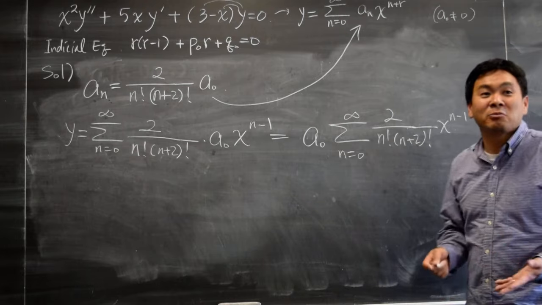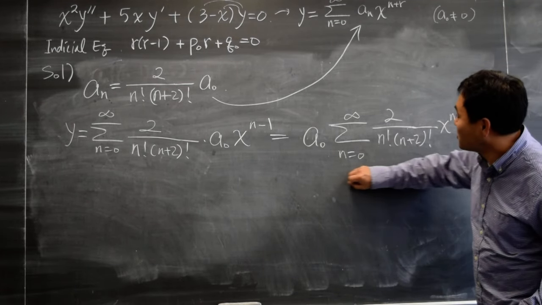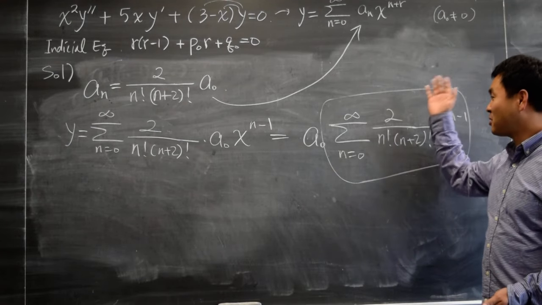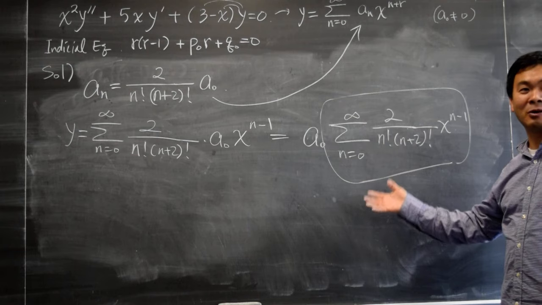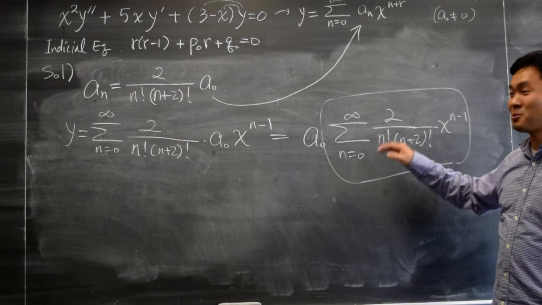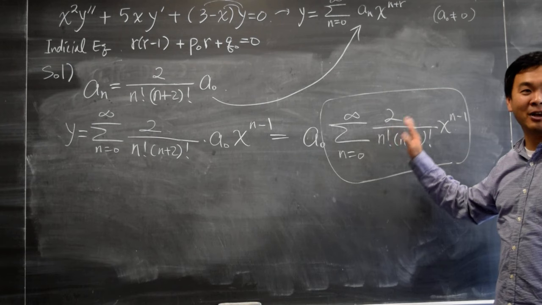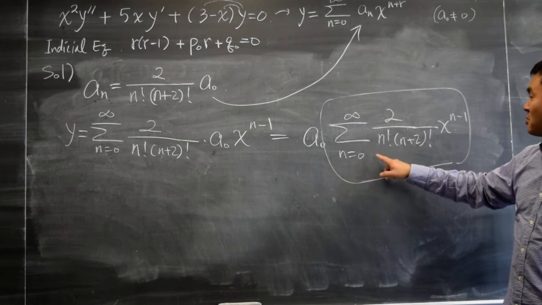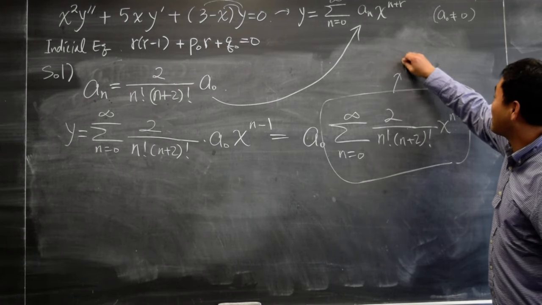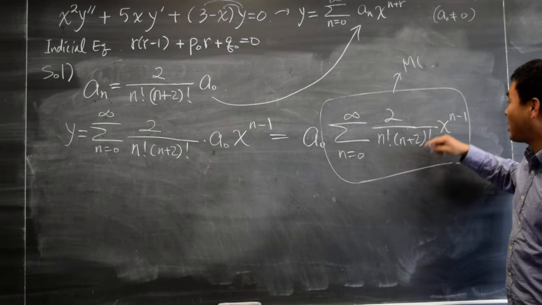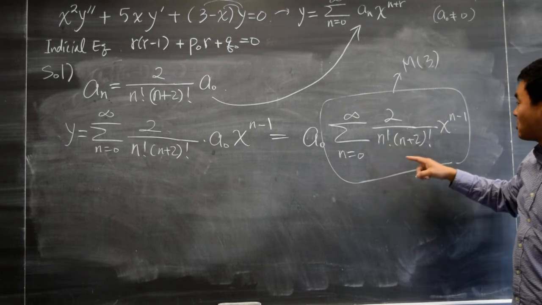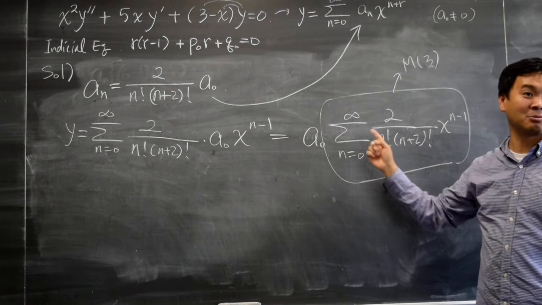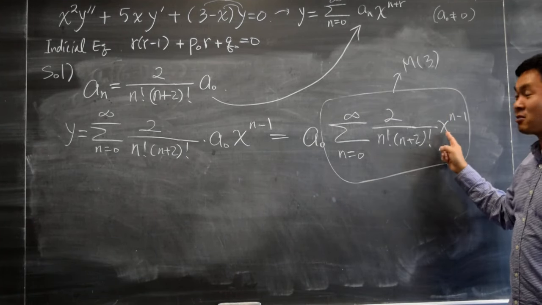And what mathematicians will do after this is take this and name it. Like, since we found it together, maybe we're going to call this the maritime function or something. And then we can calculate the values by approximation. If I call this the maritime function, and if I want the value m of say 3 or something, then just calculate this series for n equals 0 until maybe 1,000 terms using a computer, with x being 3.